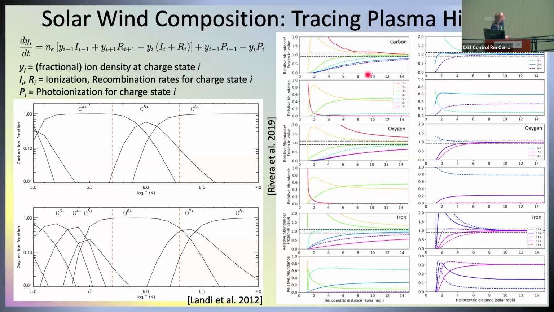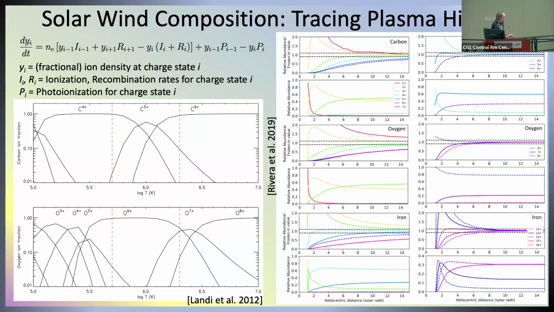So what you can see down here is that basically all of these elements, these curves more or less straighten out after 4 solar radii, 3 solar radii, maybe 6, 7, 8 solar radii, but definitely by about 10, kind of every heavy ion charge state is set, more or less.